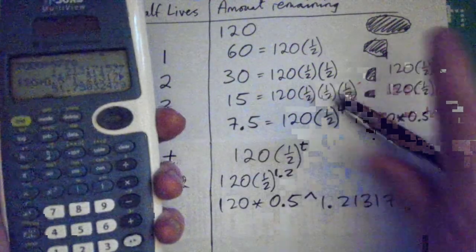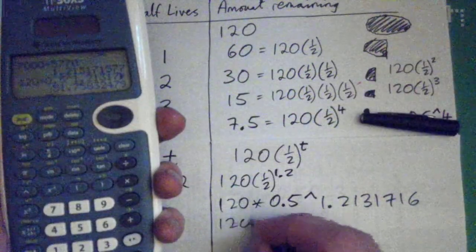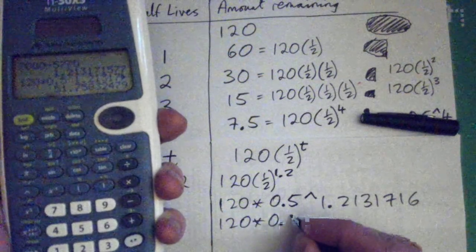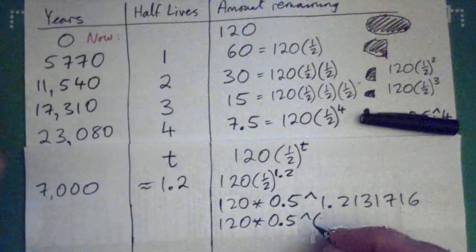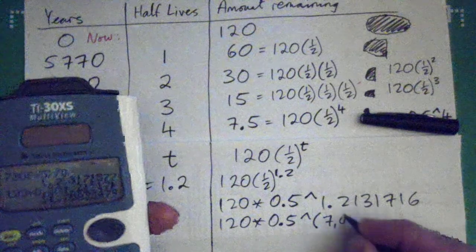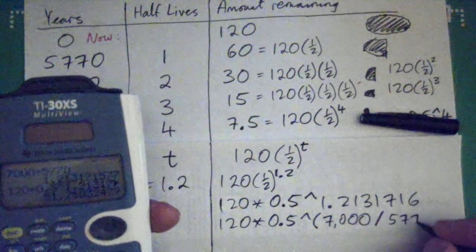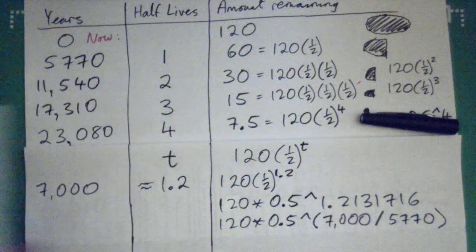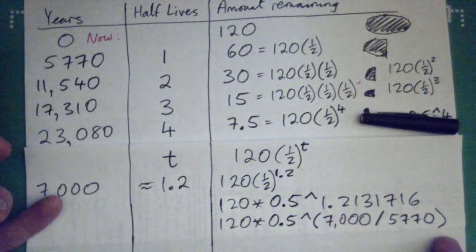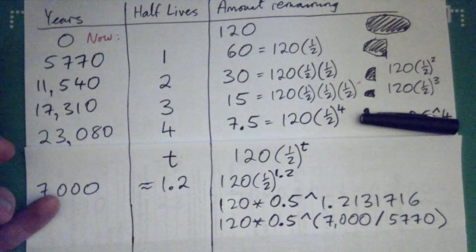Even better would be to do this: 120 times 0.5 to the power, and then just plug in 7,000 over 5770, right? If you plug all that in, then it'll be most accurate.